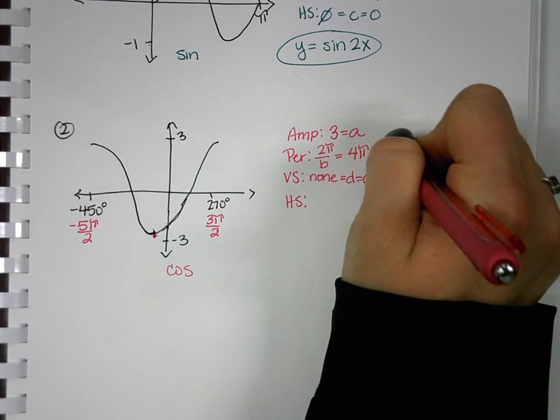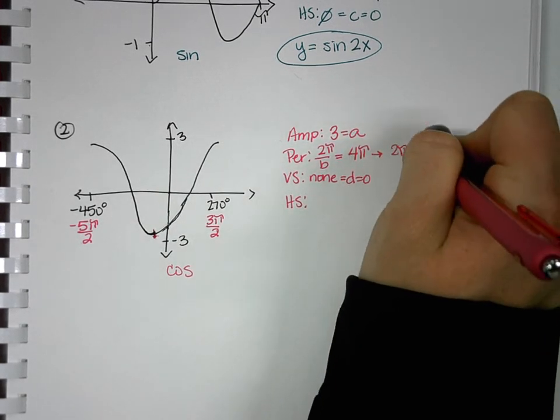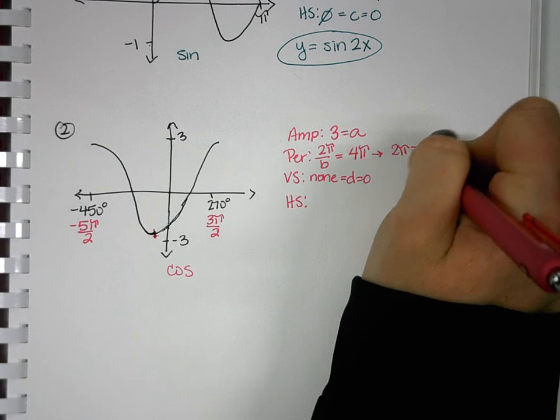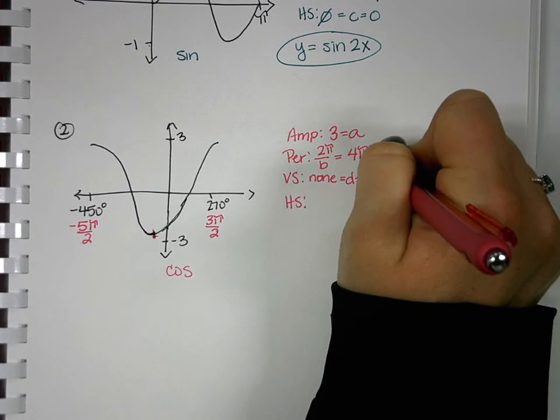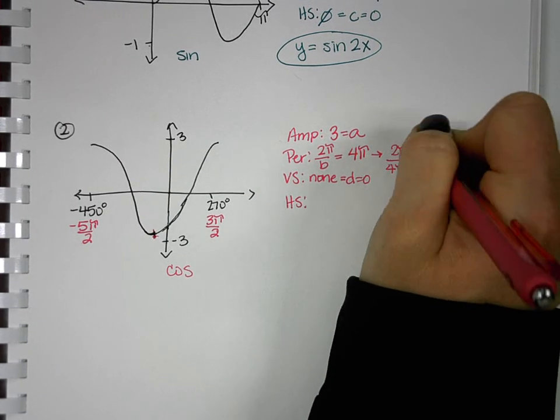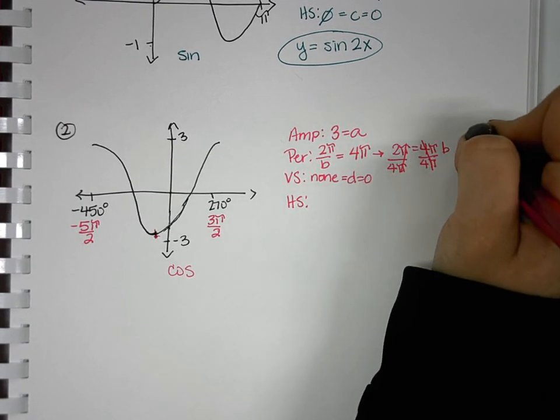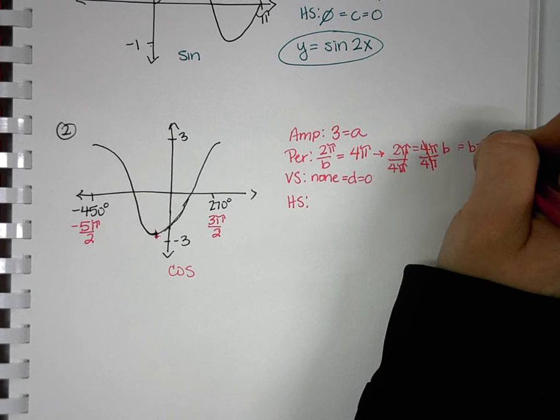Multiply both sides by b, and then divide both sides by 4 pi. And we get that b is equal to 1/2.